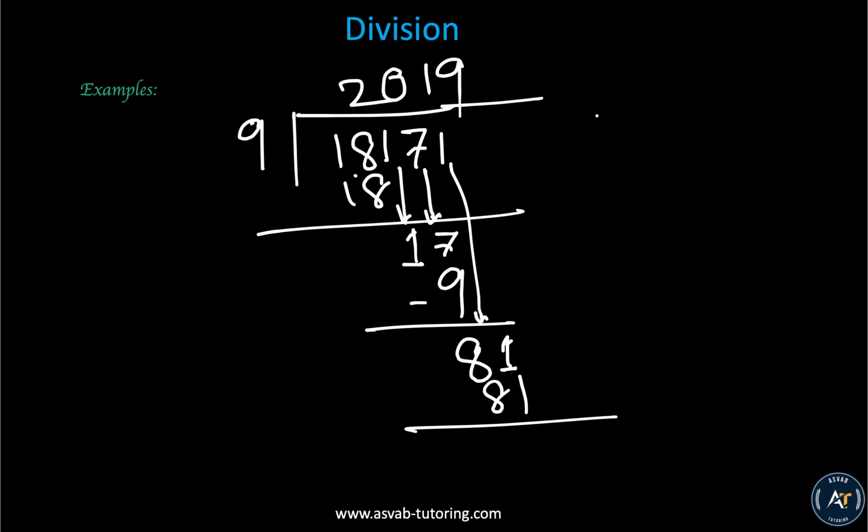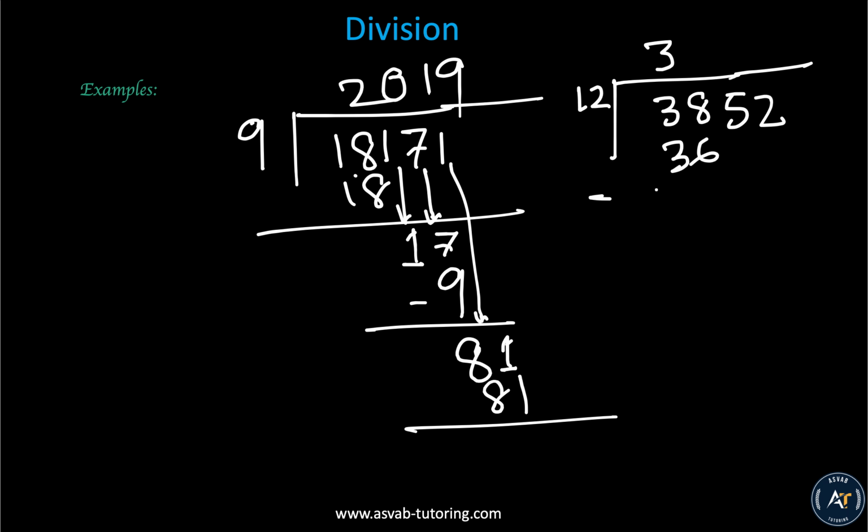I'm going to give you one more example, and then I'll give you some practice problems to do. It's 12. Let's do that. So I have 3852, right? So how many times does 12 go into 38? 12 times 1 is 12. 12 times 2 is 24. Times 3 is 36. But you have 38. So you can easily go 3 times. So 3 times 12 is 36.